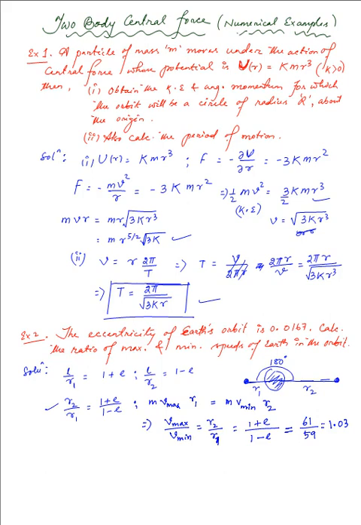Now we can establish a relation between eccentricity and the ratio of the maximum and the minimum speeds. We already have one, but we would also like to take the other way around.